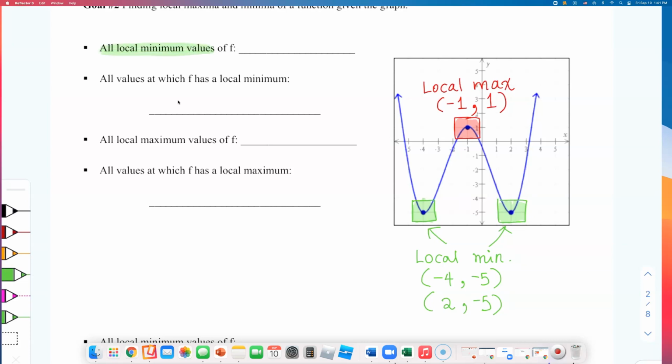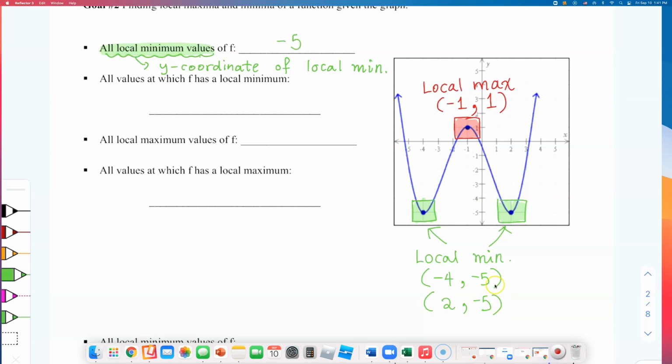But when they ask you to find the minimum values, this is asking for the y coordinate of local minimum. What are the y values of our local minimum? It's -5 and -5. Since it's the same number, I'll just write it down once.